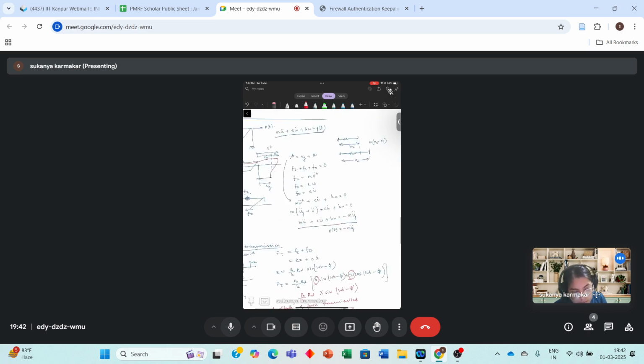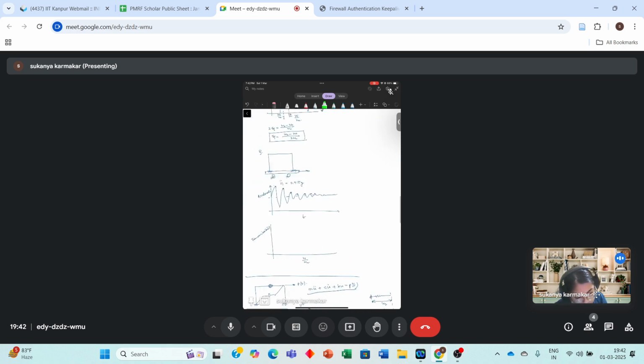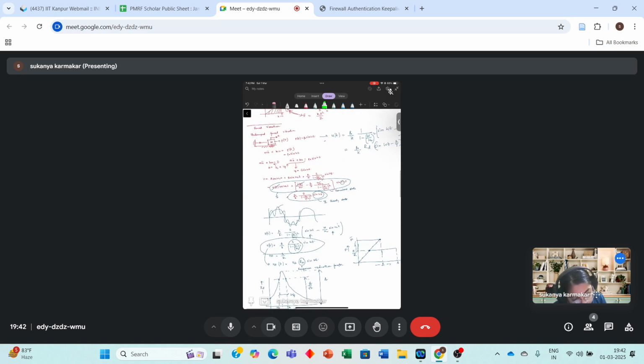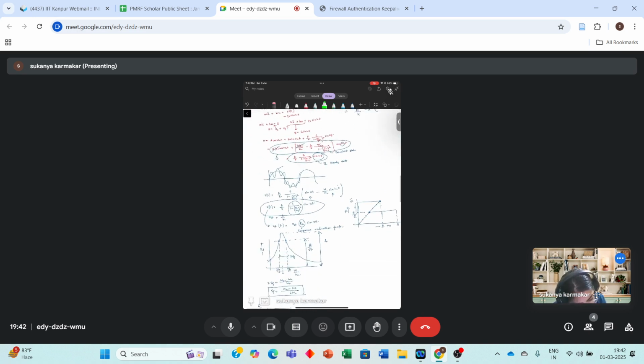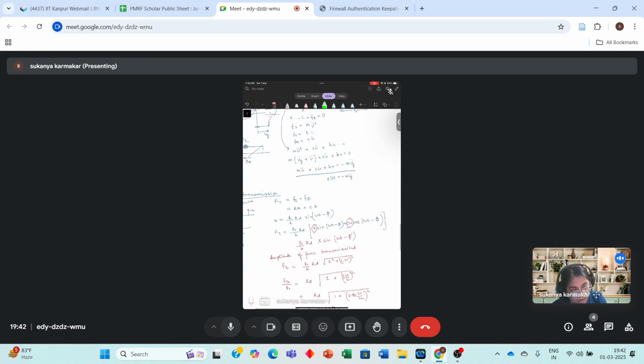Yes, we had derived that Rd, the response reduction factor, is 1 by 1 minus omega by omega n whole square.